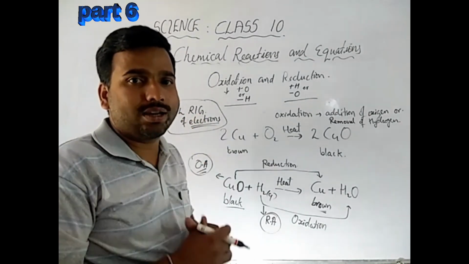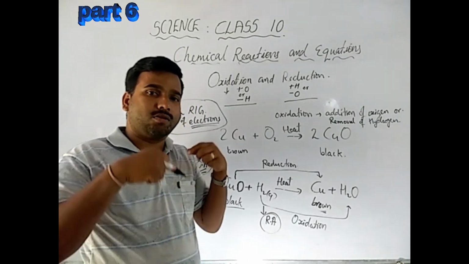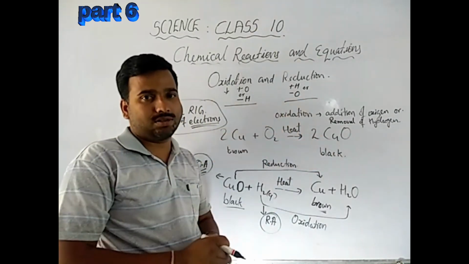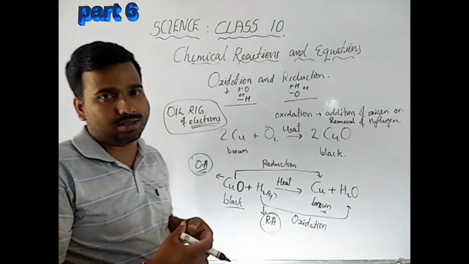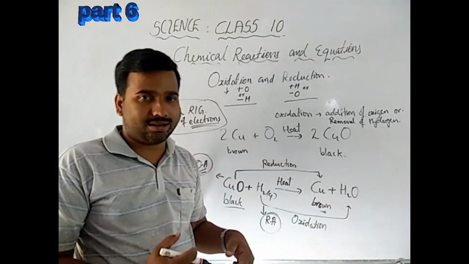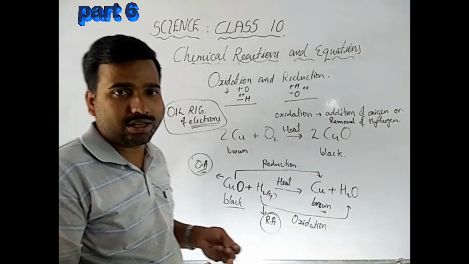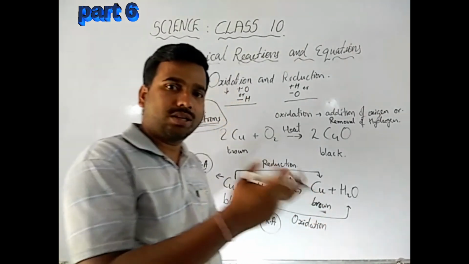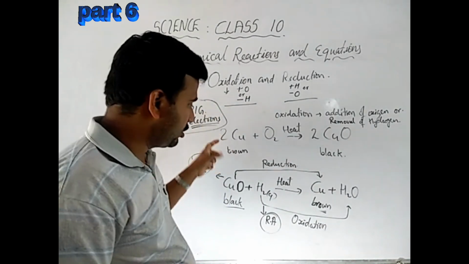This is the electronic concept of oxidation and reduction. Metals tend to lose electrons, so they undergo oxidation. Similarly, reduction means gain of electrons. Non-metals tend to gain electrons, so they tend to get reduced. So these are the things related to this topic.